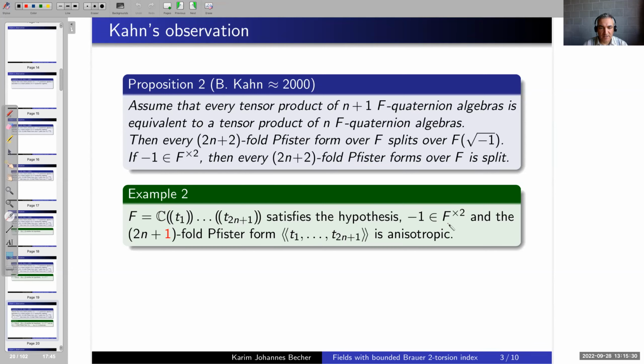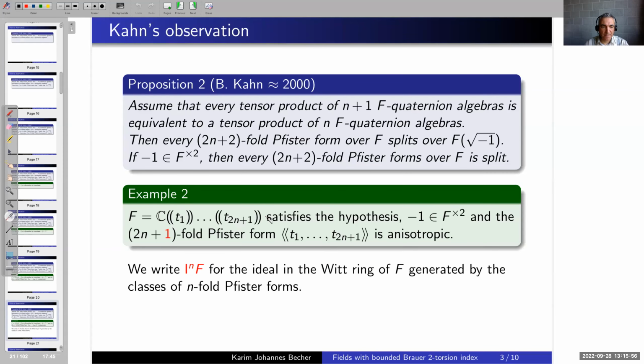And -1 is a square in this field. And on the other hand, this field satisfies the hypothesis. So indeed, over this field, every tensor product of n+1 quaternion algebras can be shortened. So it shows that I cannot possibly replace the 2 by a 1 here in order to get the same conclusion. So we are looking at the right degree for the Pfister forms.